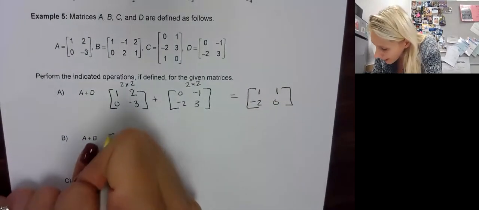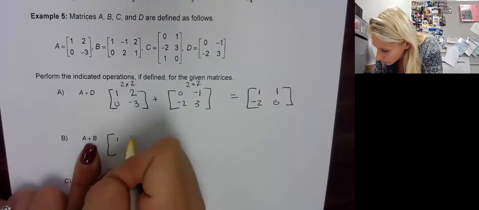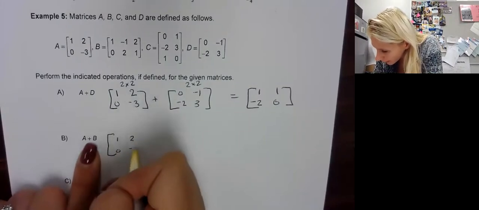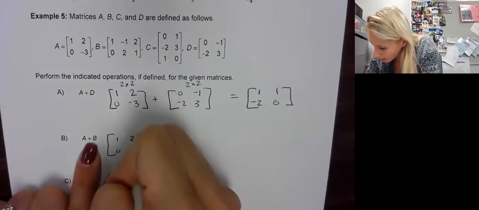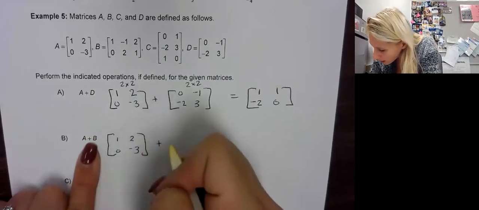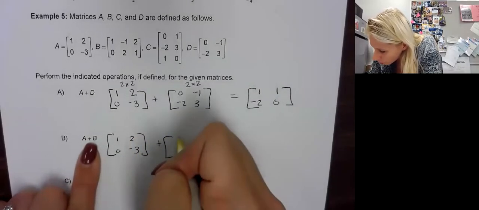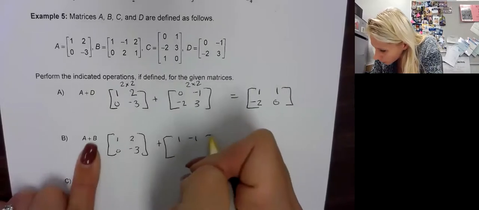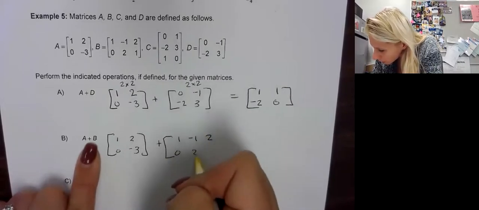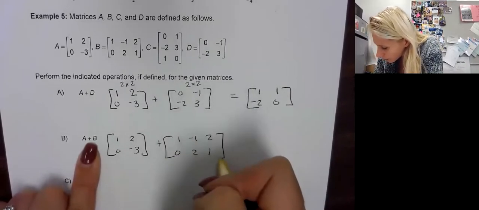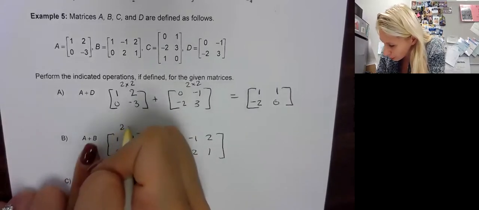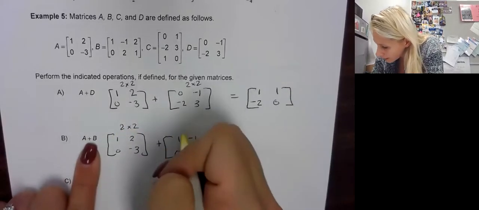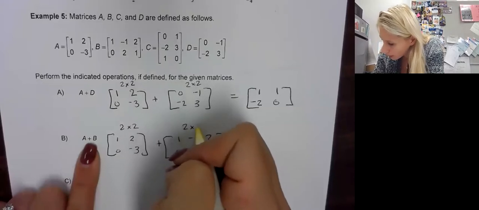All right, A again. So 1, 2, 0, -3. And then we have plus 1, -1, 2, 0, 2, and 1. Let's look at our dimensions. This is a 2 by 2, and this is a 2 by 3.